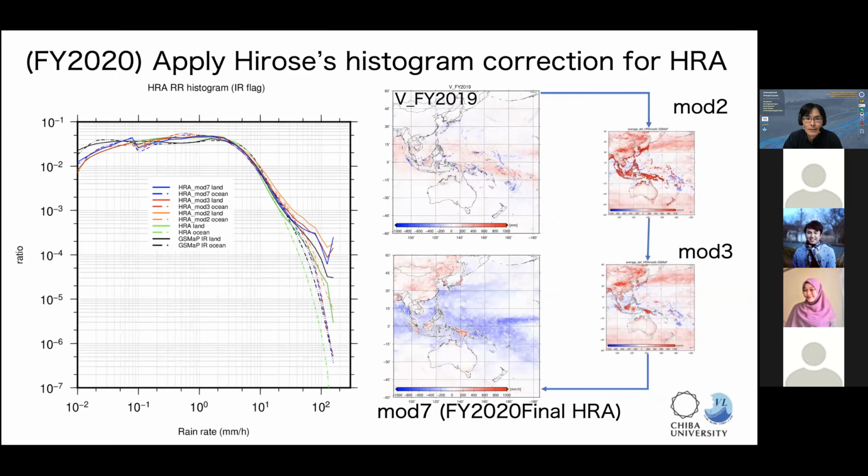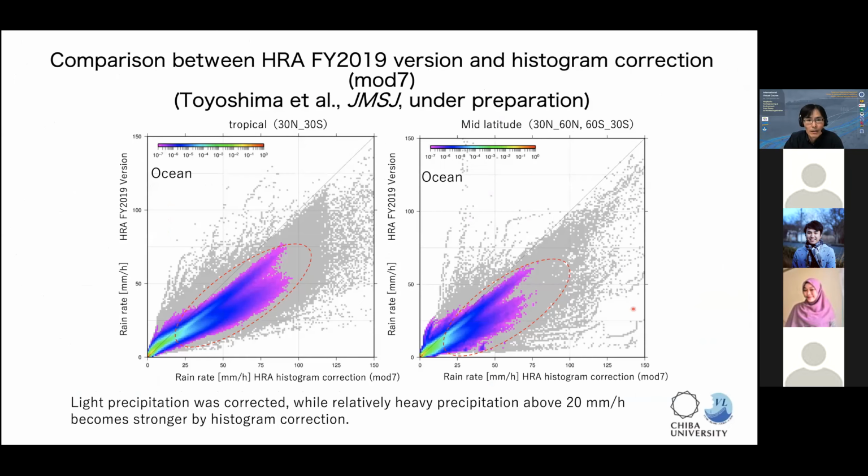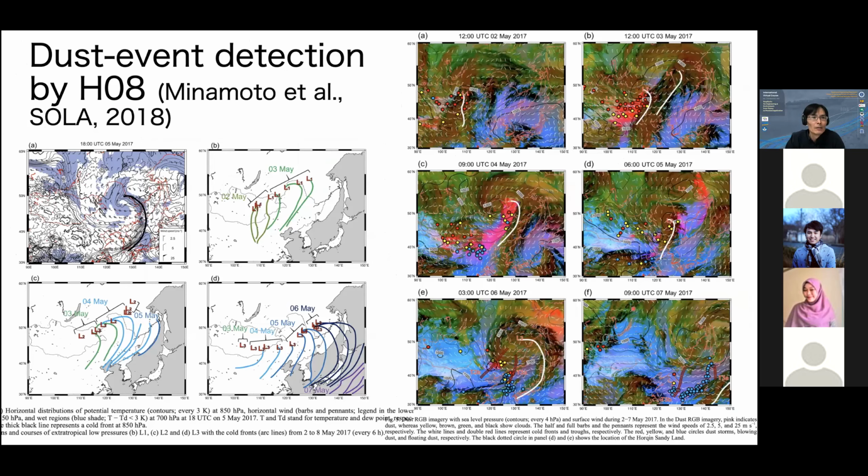Another case is dust event detection by Himawari-8. This is the case from Miyamoto et al.'s paper. In this case a dust event occurs around Mongolia. On the left, the RGB slide shows pink color indicating the dust RGB.